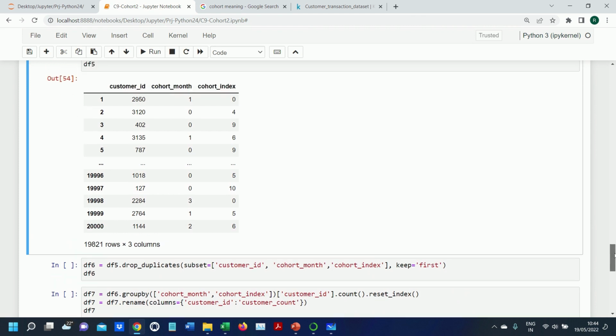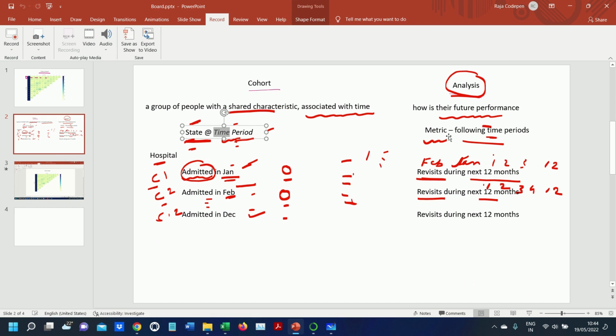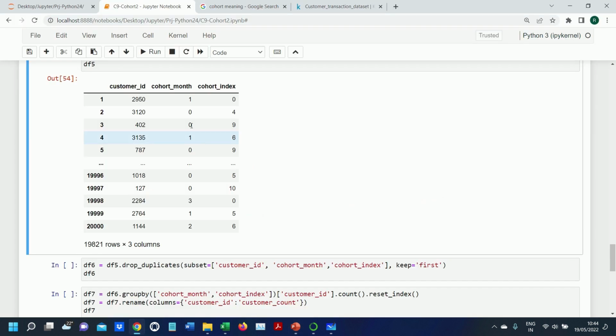Now there is one catch here. Let's see what metric we are going to analyze. The metric is whether that person has done any transaction in the subsequent month.